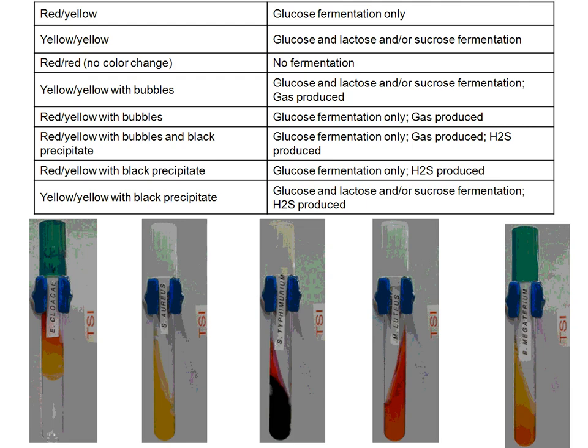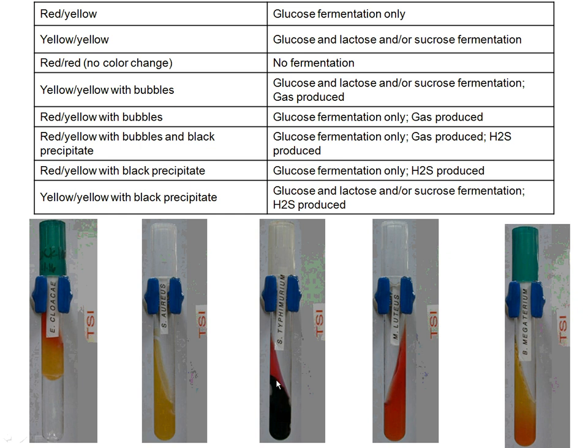This is just a complex media. Let's first draw our attention here to the solid red slant containing Micrococcus luteus. It is still red. We've learned previously that if phenol red stays red, that indicates no sugar use. Next to it, with the salmonella tube, we see red and black.